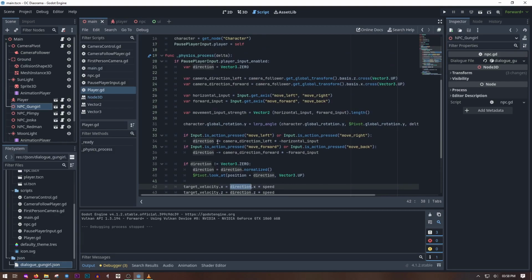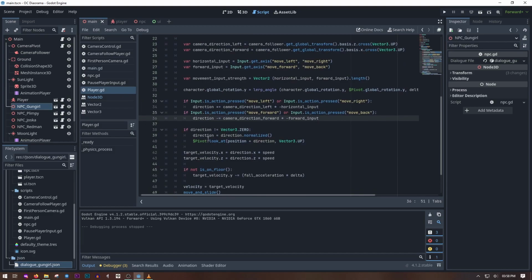So the direction is added to or taken away from based on inputs. And then that direction down here is multiplied by speed to give the velocity. Yes, yes, yes, I get it.